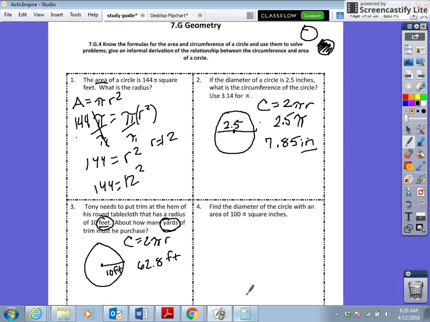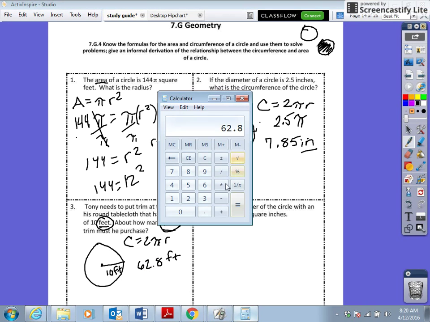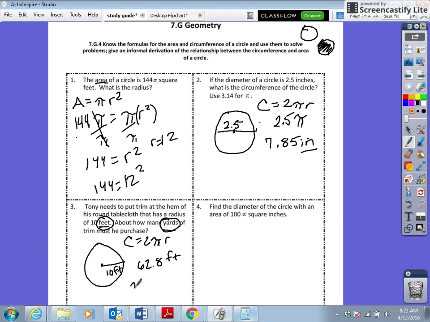So I have to take that answer and divide it by 3. 62.8 divided by 3 is 20.9333 yards. So I'm going to go ahead and say 20.9 yards, or I might even say 21 yards because it says about how many. So 21 yards is about how many yards of ribbon trim will need to go around that tablecloth.